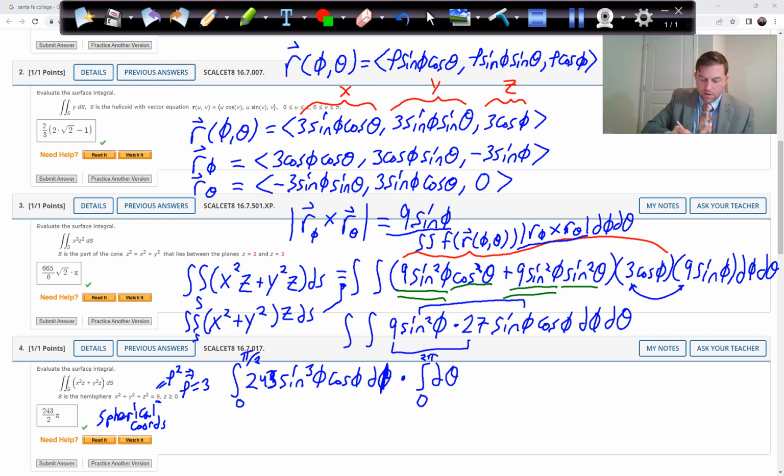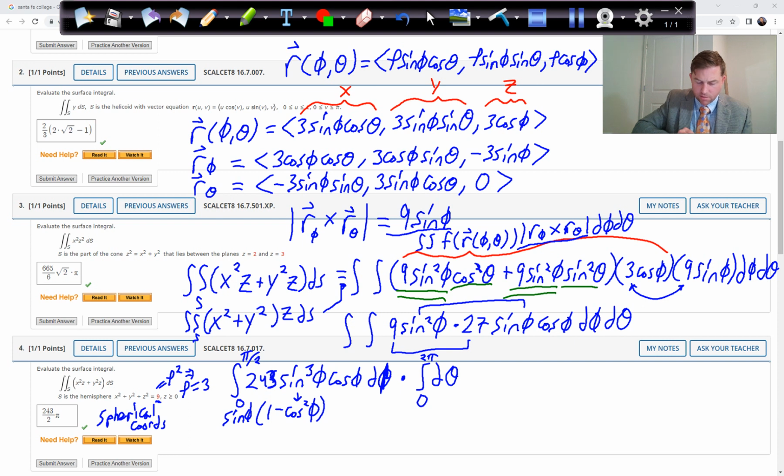And for this one, you have to break sine cubed into sine squared times sine, and you make the sine squared 1 minus cosine squared, and then you can call u cosine, which the derivative is sine, and you can do a u substitution.